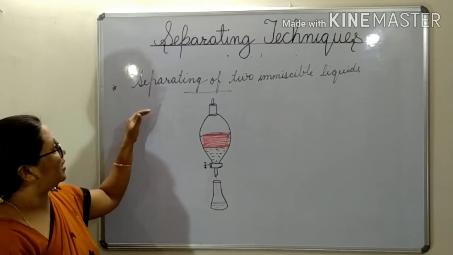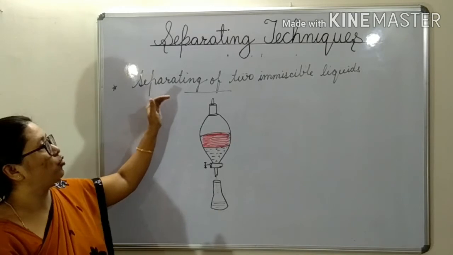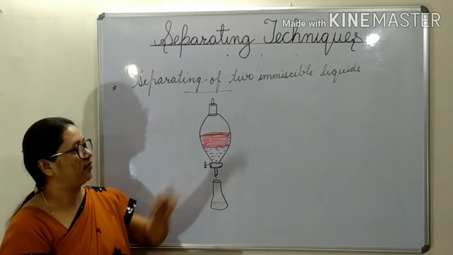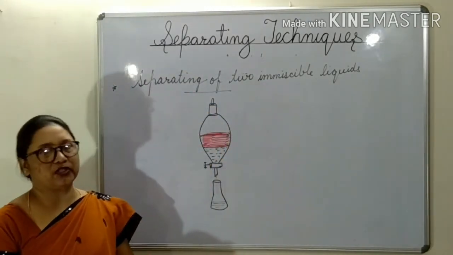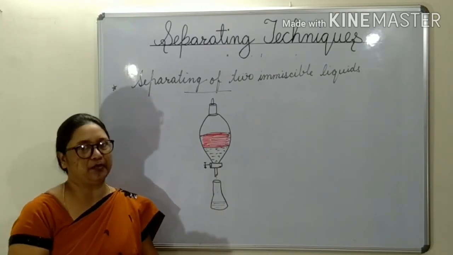So today let's start with the separating technique used for separating two immiscible liquids. First, let's see what is an immiscible liquid. The liquids which do not dissolve with each other are called immiscible liquids.